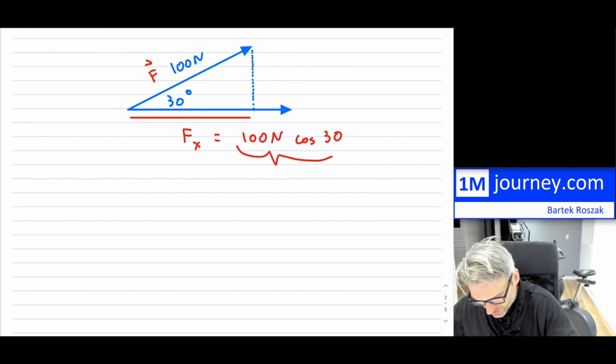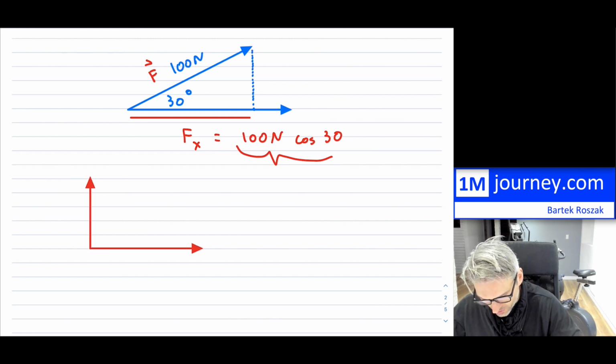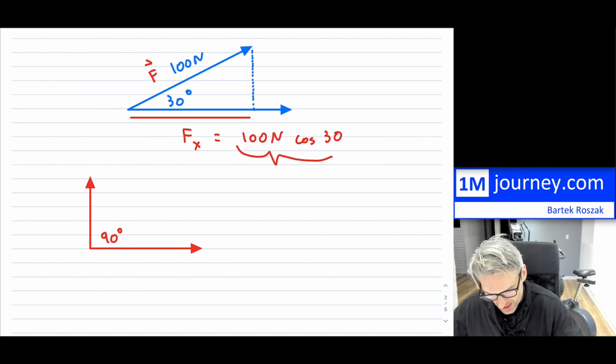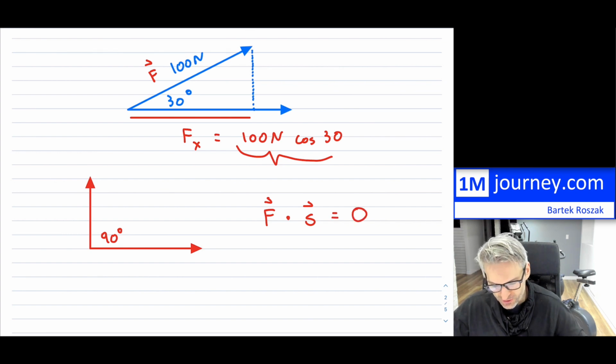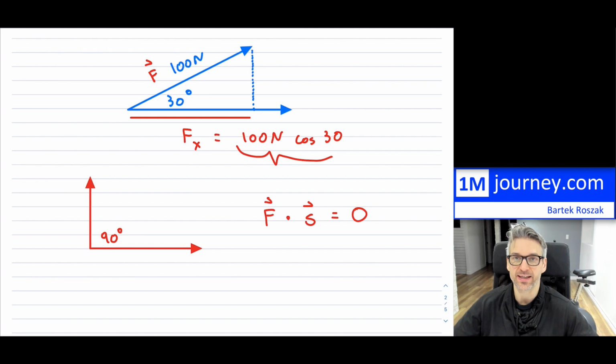And so for instance, if you have your force, which is maybe in this direction, and your movement, which is in this direction, so your displacement, you will notice that they are at 90 degrees. And if you take the dot product between two vectors that are at 90 degrees, the cos of 90 is 0. So there will be no actual work done.